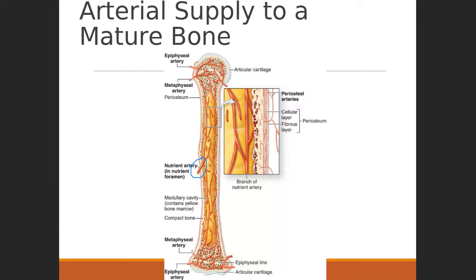That is going to be the nutrient foramen, foramen meaning opening or hole, that the large nutrient artery will penetrate through. And it will make its way through the network of bone and into the medullary cavity.